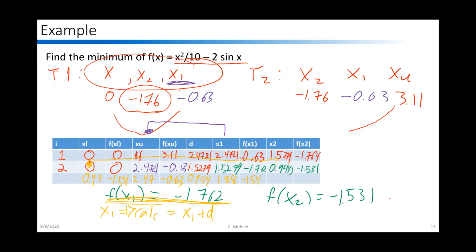And then we get to keep our x2 from that old x1. So that's 1.529. We get to keep its associated 1.72. Okay. And we can keep doing this again and again and again. I encourage you to take the next steps and see how it converges.